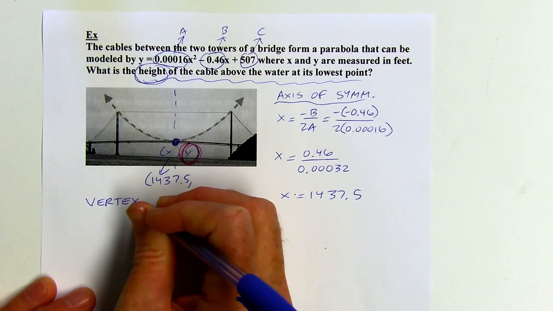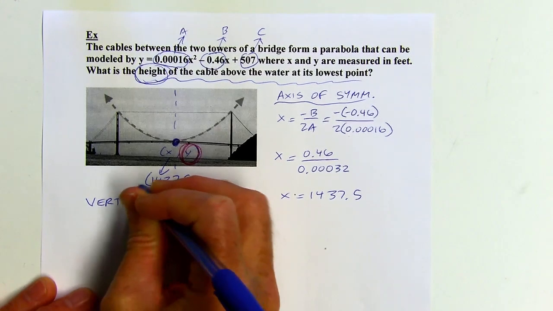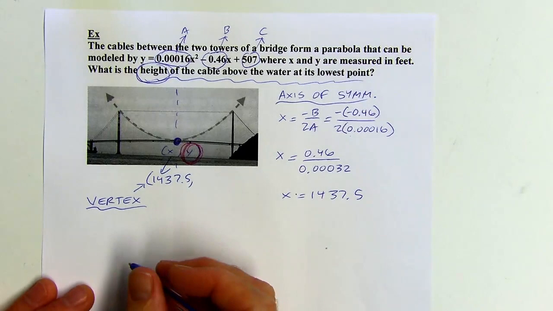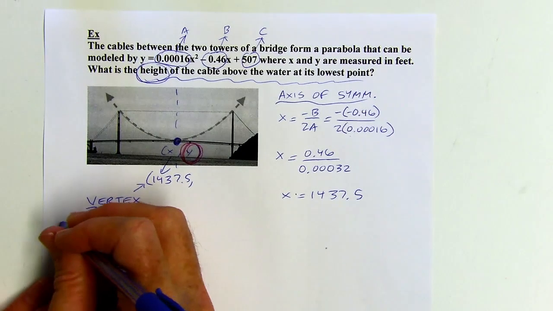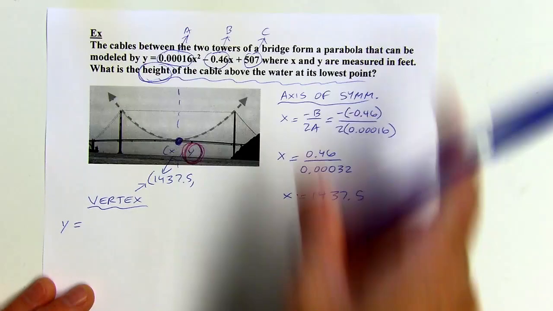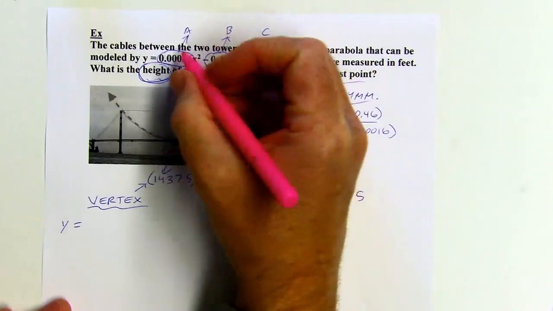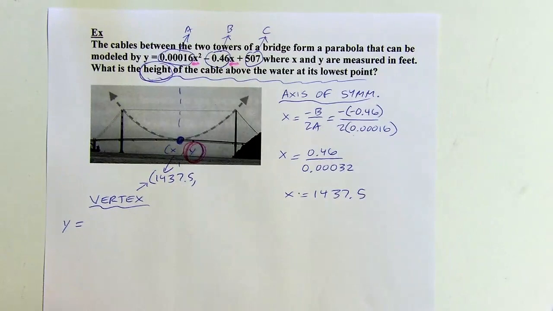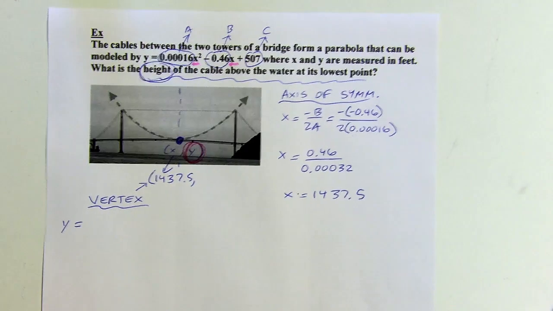Our vertex is right there, right? So we've got the x coordinate. Now we still need to find the y coordinate, and the way that we can get the y is by taking the equation that we have and plugging in the x value in both those positions. So I'm going to plug in this 1437.5 number in both those positions.